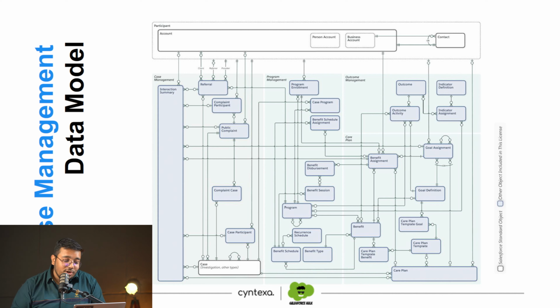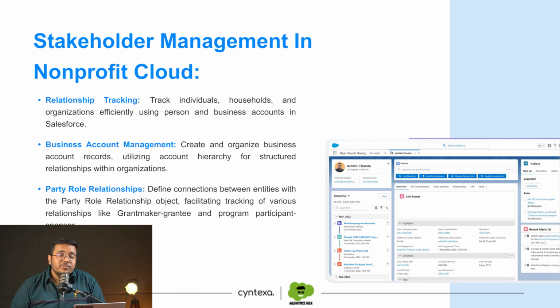Next up, we have stakeholder management in non-profit cloud. Stakeholder management in non-profit cloud is basically the capability to provide a way to give great customer experience to your donors, to your volunteers, to your participants.